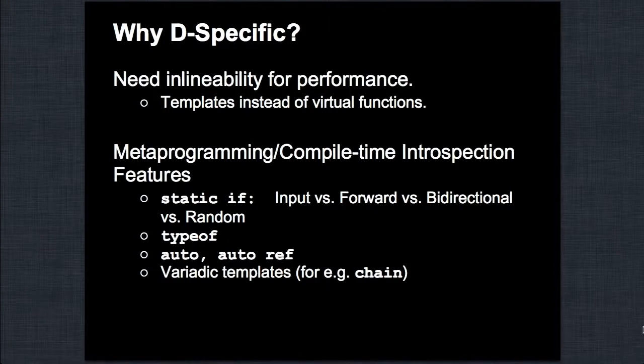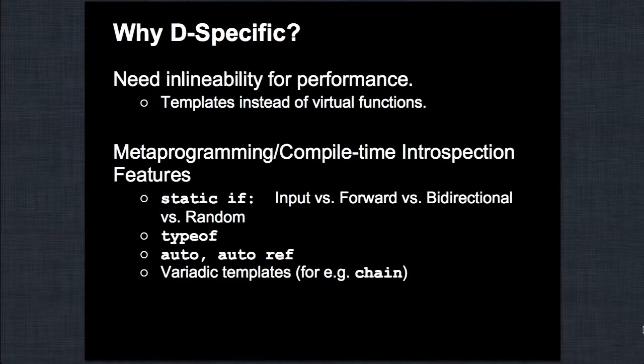And then, as Andrei alluded to, the metaprogramming and compile-time introspection features of D make it so that we can make these higher order ranges much more powerful than they would otherwise be. So static if statements are a huge win for this. They're used everywhere in implementing higher order ranges in Phobos.